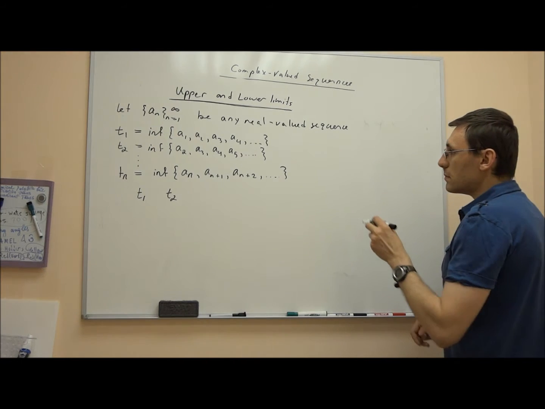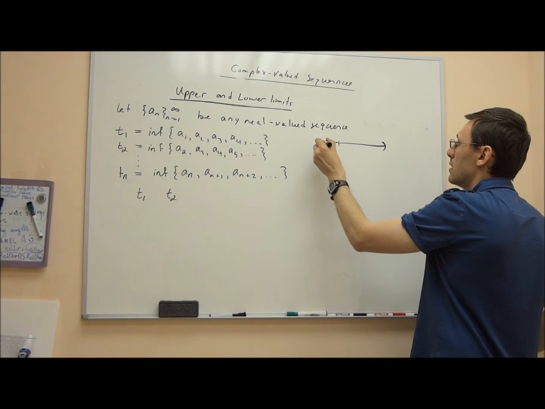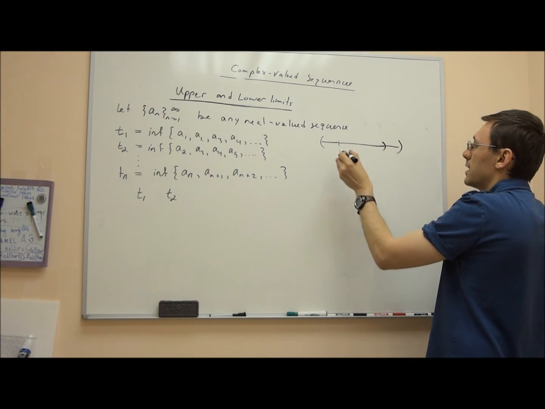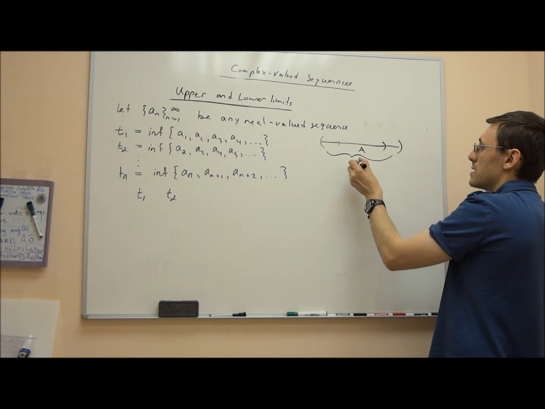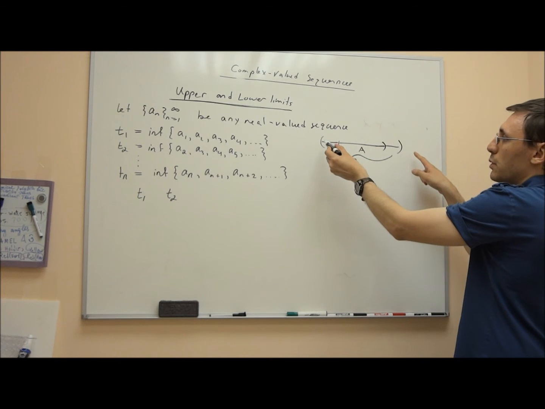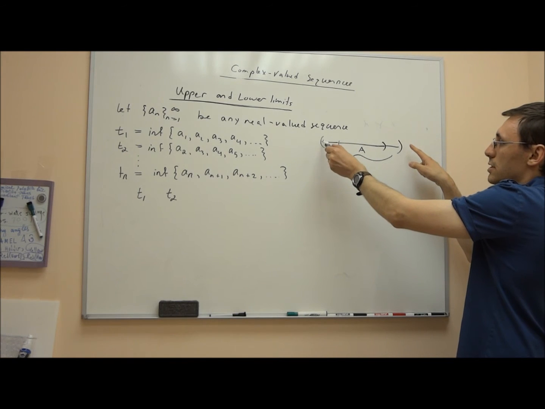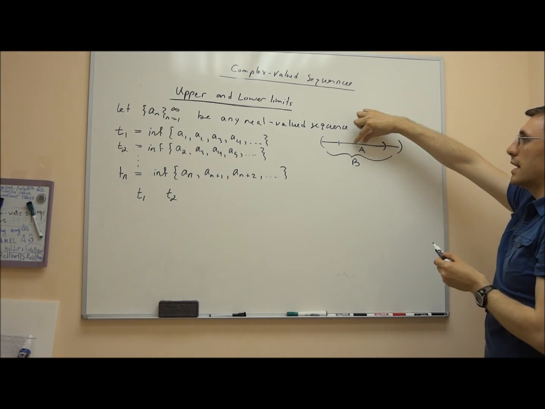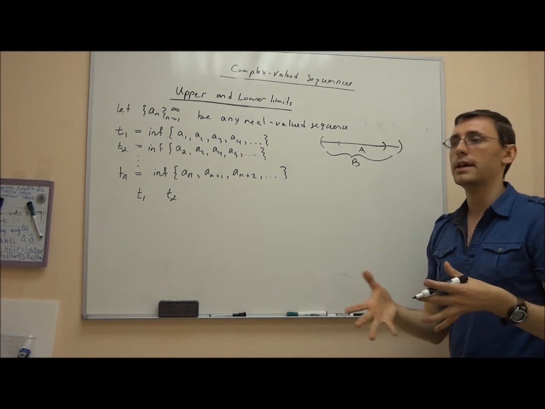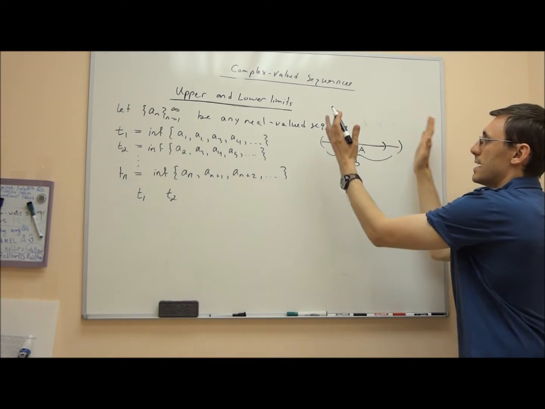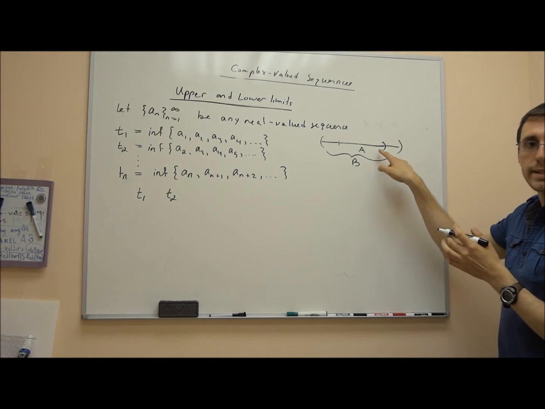So if you have a larger set containing a smaller set, so for instance if you have the set A, which is contained inside of the set B, then what can you say about the infimum? The infimum of the larger set is generally smaller, possibly equal, but generally smaller than the infimum of the nested set, the one that sits inside. So infimums grow as you make the set smaller. As you decrease a set, the infimums grow and the supremums decrease.